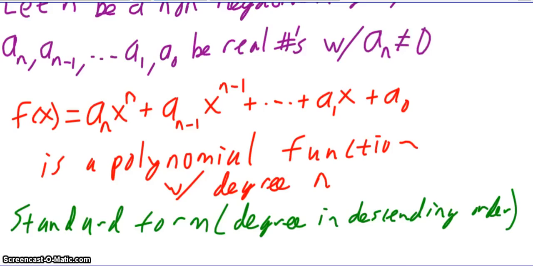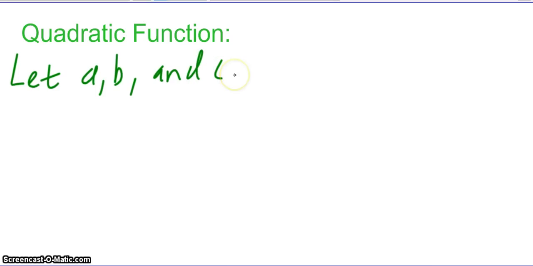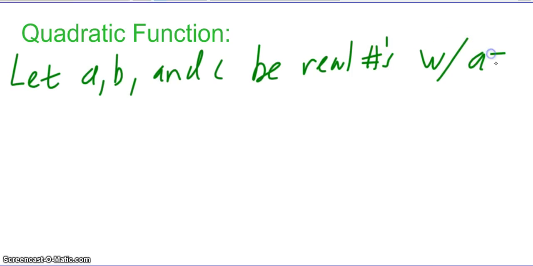So now let's look at the quadratic function. So if we want to define a quadratic function, we're going to say let a, b, and c be real numbers where a does not equal 0. It's okay if b and c do.